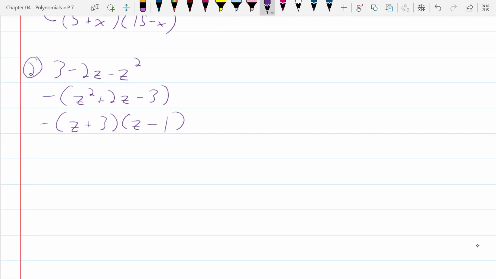I want to show you what that looks like if I actually have this as 3 minus 2z squared minus z to the 4th. I want you to compare that with what we just did right above, because it's very similar.